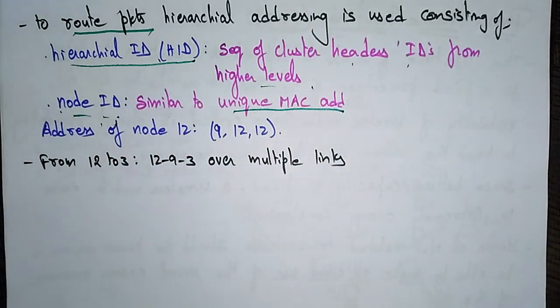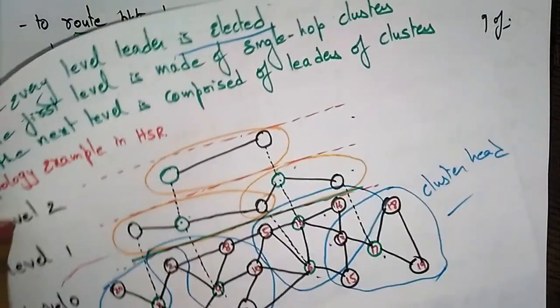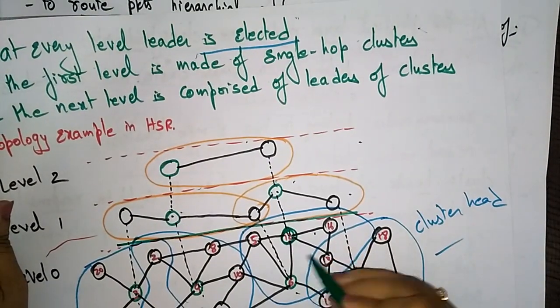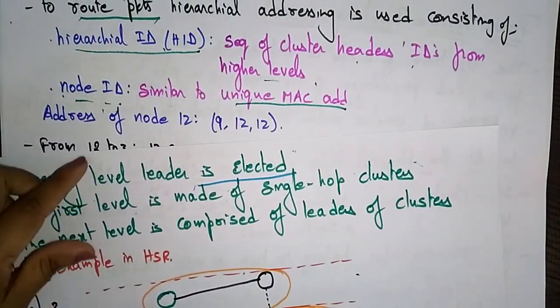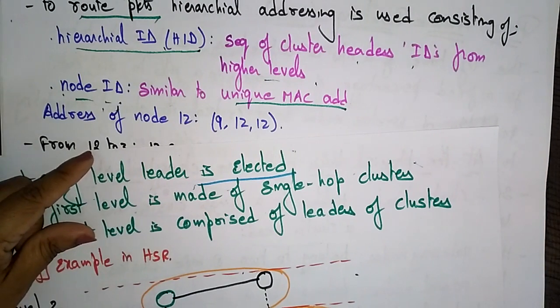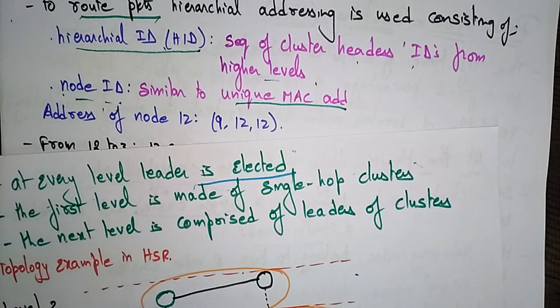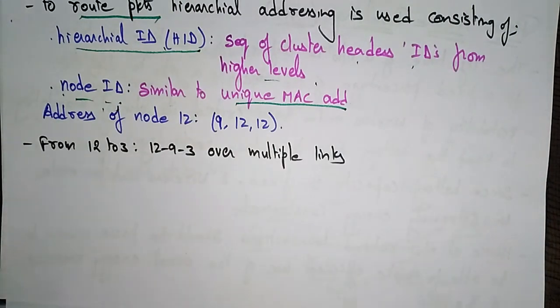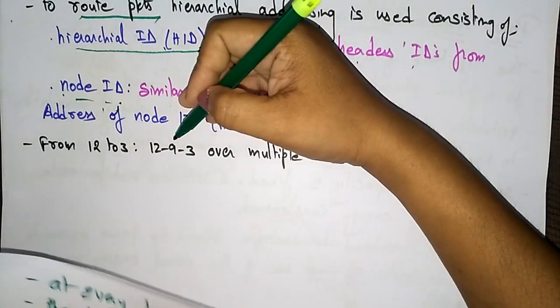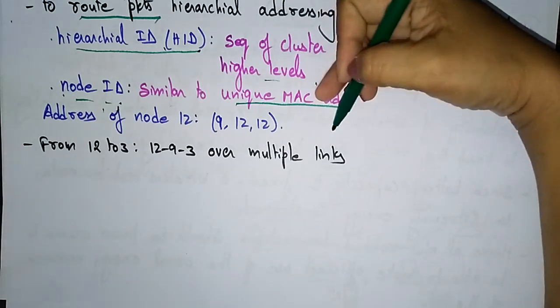Suppose you take the address of node 12. How do you find it? This address will be 9, 12, 12, which has the hierarchical ID and the node ID of the node itself. From 12 to 9 to 3, multiple links will be present.